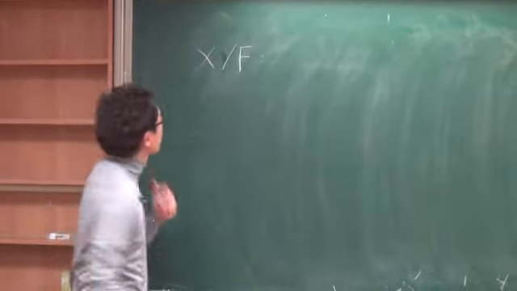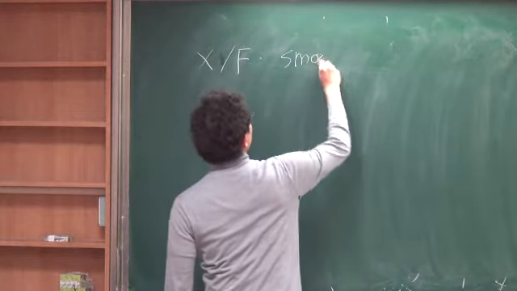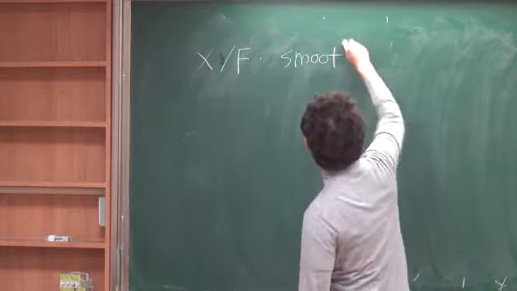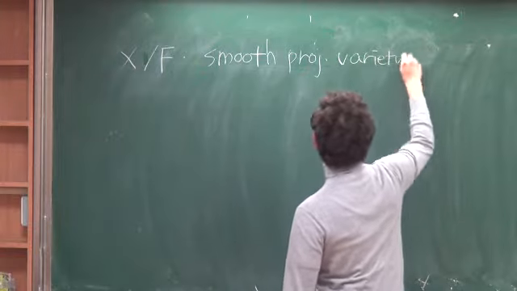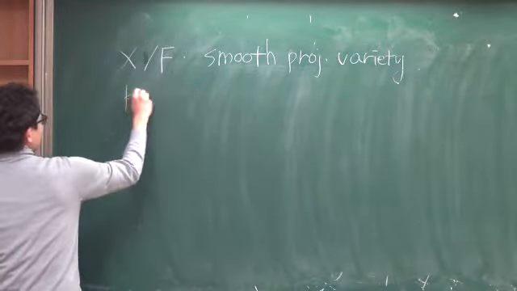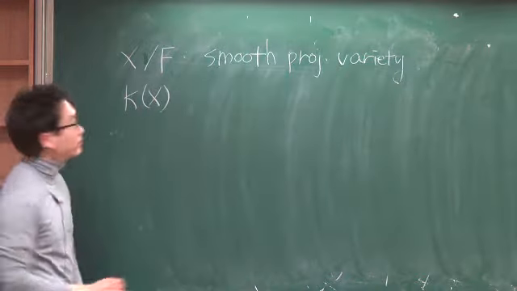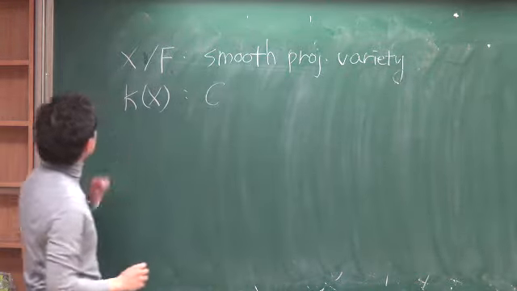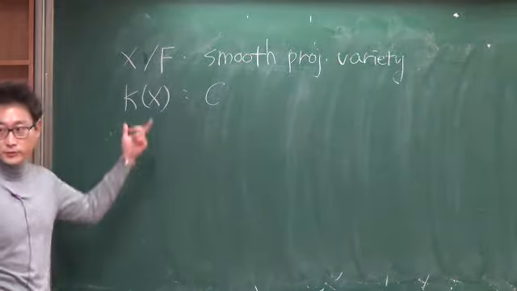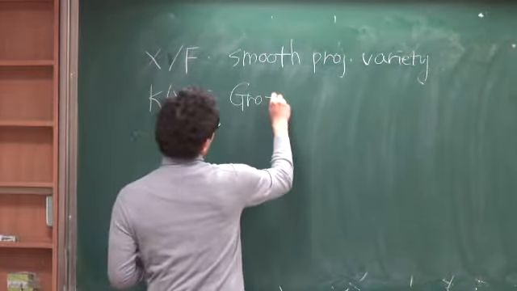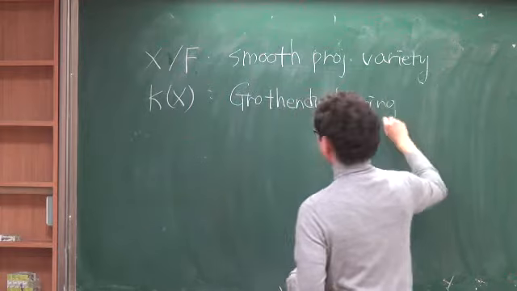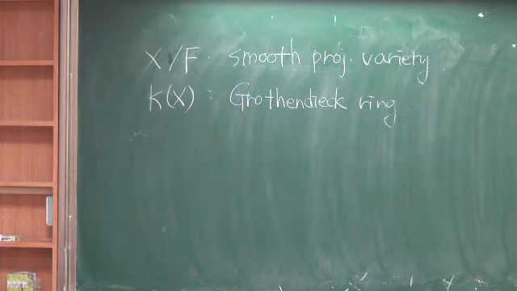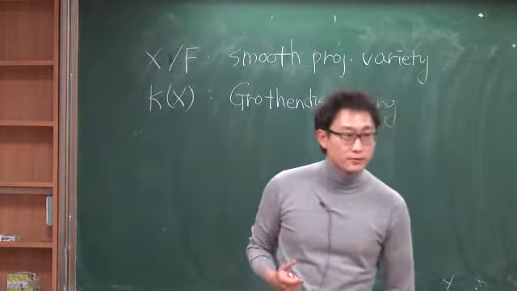We consider a smooth projective variety X over a field F. And we consider the Grothendieck ring, whose elements are classes of vector bundles over X. And Grothendieck invented the so-called gamma filtration to approximate the topological filtration.